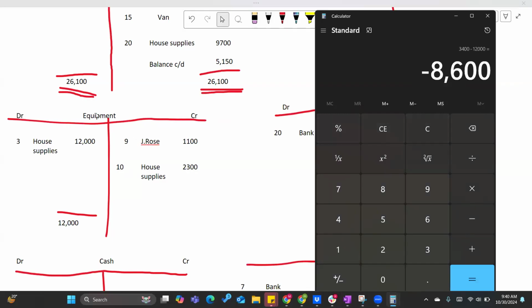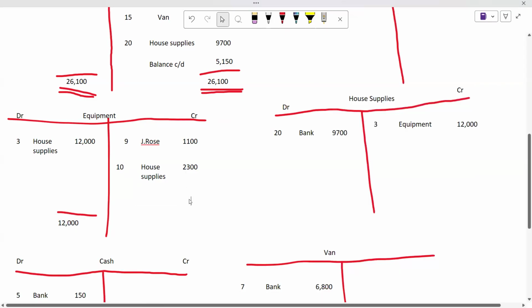This means 8,600 is going to be the balance of the side that has the lesser sum, right? This has the lesser sum. So I'm going to write 8,600 and I'm going to call it balance carry down. So we have the balance carried down on the credit side for the equipment as well.